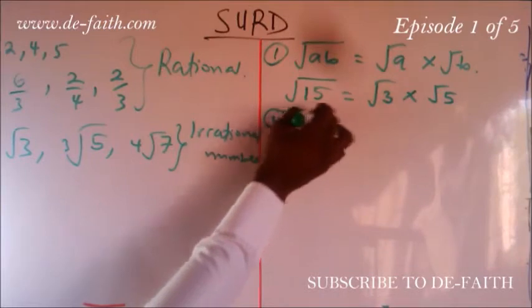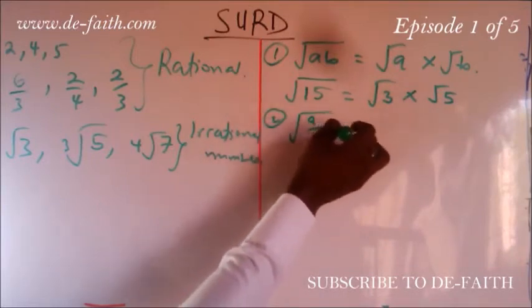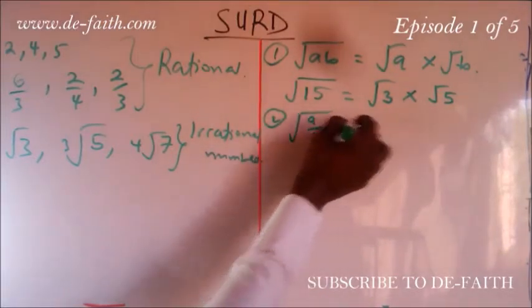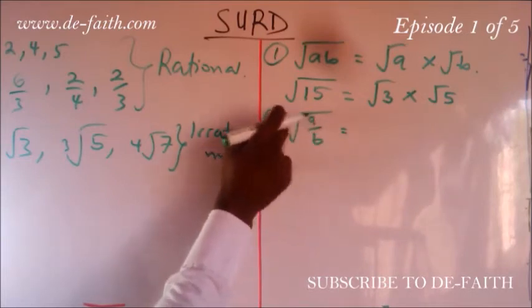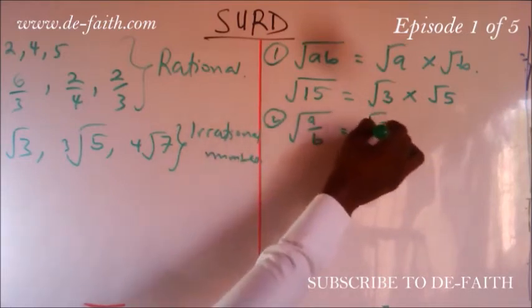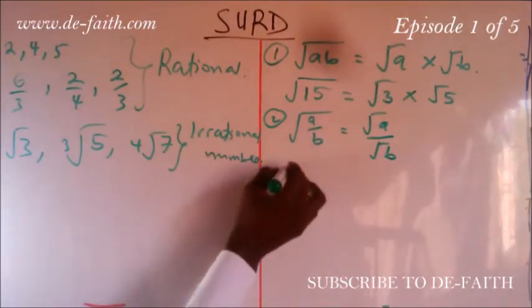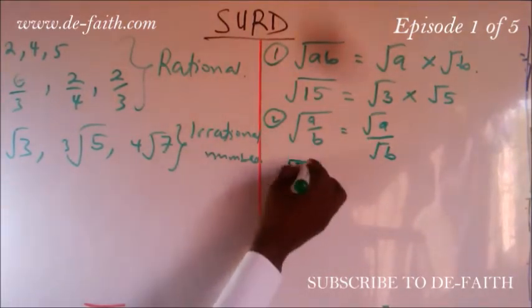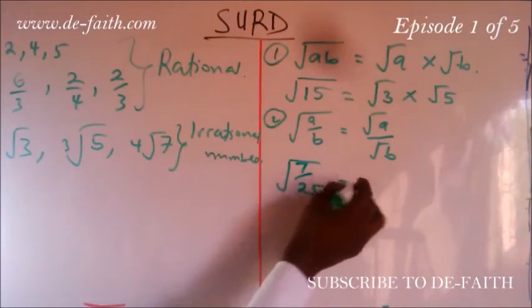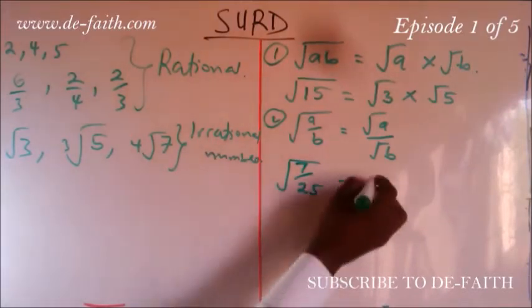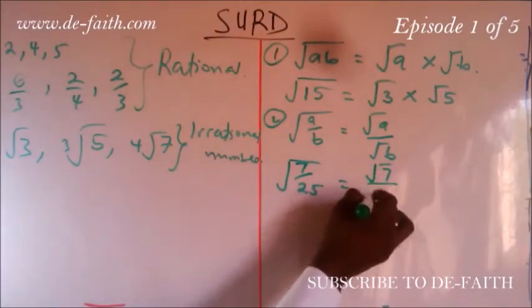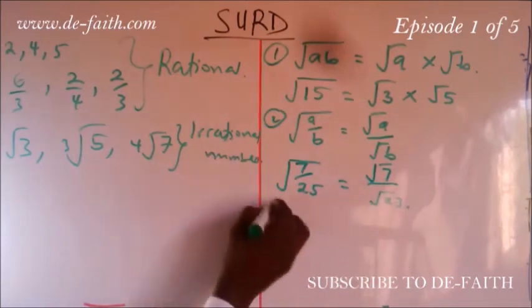We have a rule which is the square root of A over B, and it's the same as saying root A over root B. For example, the square root of 7 over 23 is the same as root 7 over root 23.